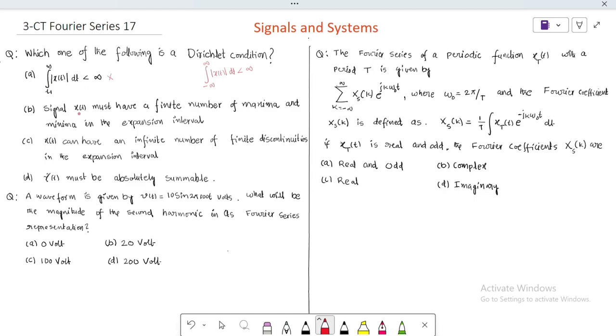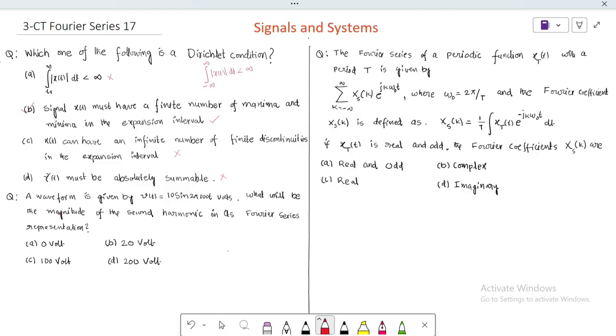The second option, signal x of t must have a finite number of maxima and minima, is correct. The third option is wrong; it is not x square of t that must be absolutely integrable, it is x of t. So the answer is the second option.